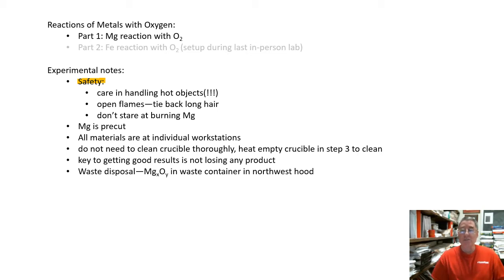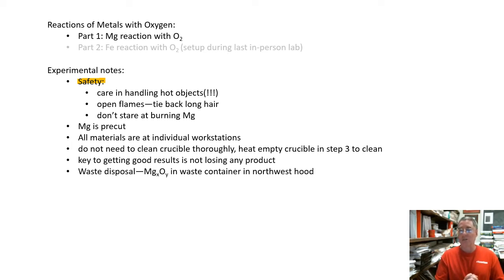So you need to practice care in handling hot objects. That means if you happen to knock it over with the crucibles or drop it or something, no big deal. It takes very little time to do it. You just let it fall, hit the bench, hit the floor. You don't grab it, okay? Because it will give you a burn that you will not forget. So we don't want any burns, okay?